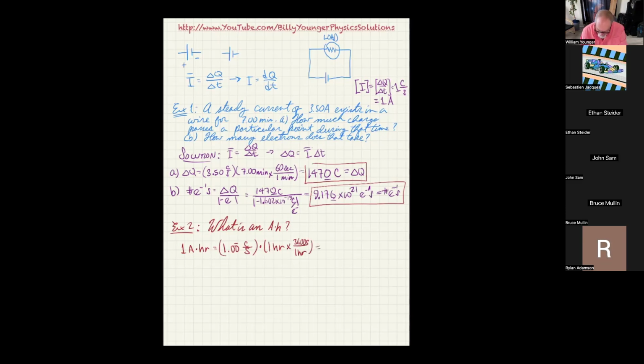So now you can see that I'm going to get 3,600 coulombs for 1 amp hour.